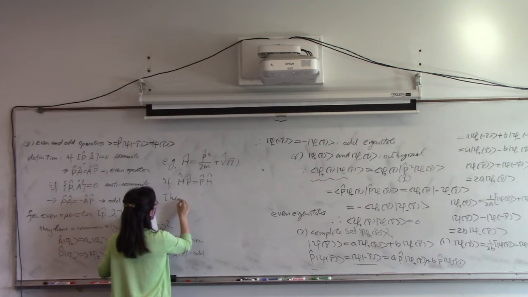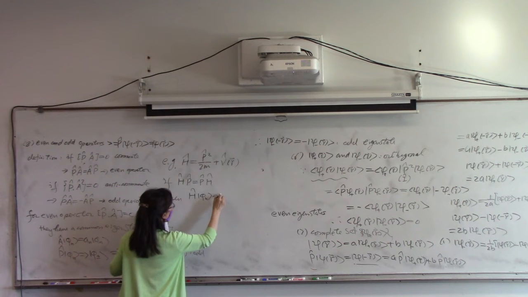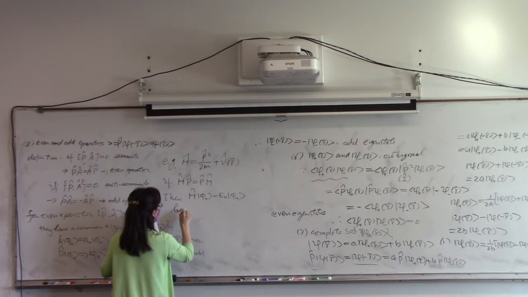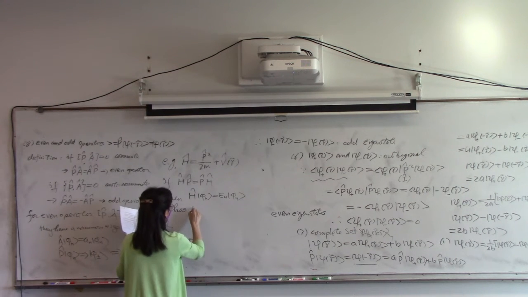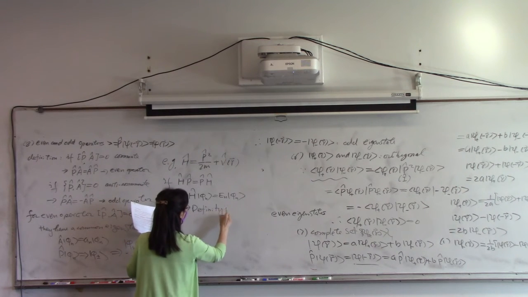Then the eigenstates, right? Suppose this is an eigenstate of the Hamiltonian. We call this given definite parity.